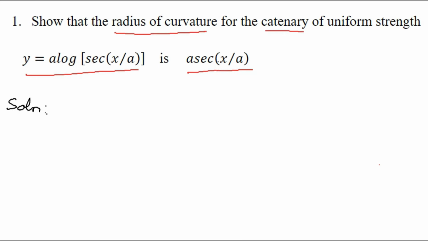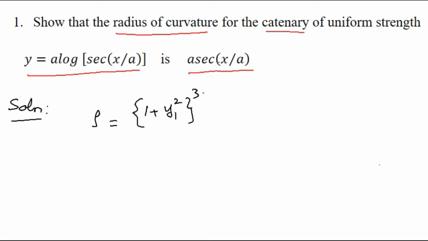We know the radius of curvature is given as rho = (1 + y1 squared) to the power of 3/2 divided by y2. Let me take this as equation number 1. Observe here, I need to find the values of y1 and y2.